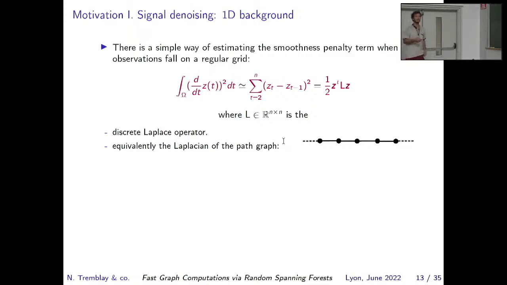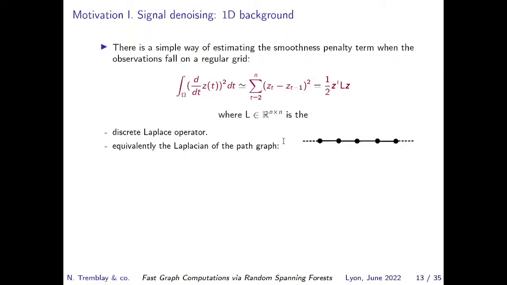It's not so classical for a signal defined on a graph, but actually you can generalize this problem very easily on graphs. The first way to see this is that the regularization term can be written in a very compact way as Z transpose L Z, where L is the discrete Laplace operator, which is equivalent to the Laplacian on the path graph.